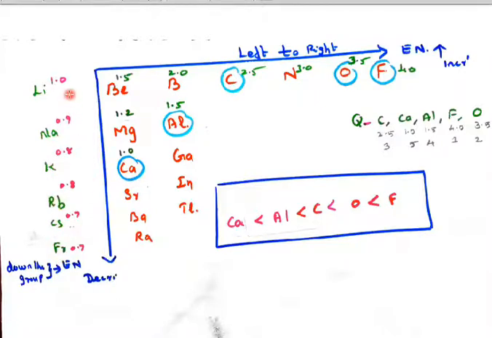So lithium is 1.0. Next, in a period we are seeing beryllium, boron, next carbon, nitrogen, oxygen and fluorine. So in this period, lithium, beryllium, boron, carbon, nitrogen, oxygen and fluorine, the electronegativity increases by 0.5 unit.